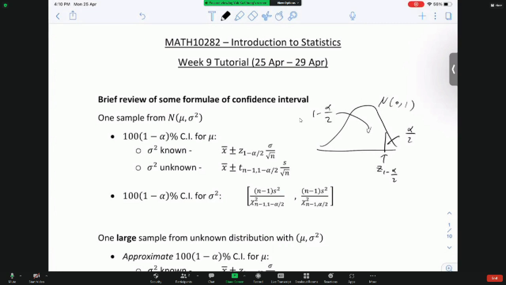It is obtained from a so-called student t distribution. Okay? And you can also find this number from the t distribution table or by using R.